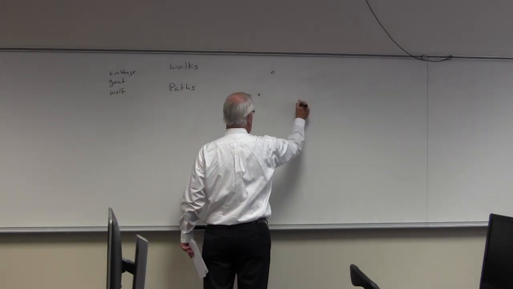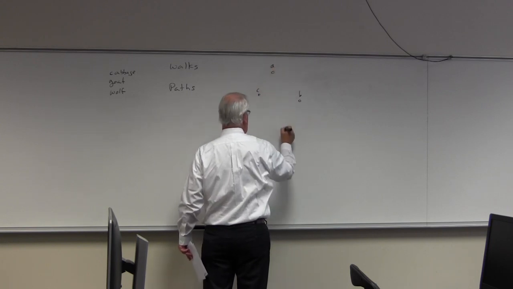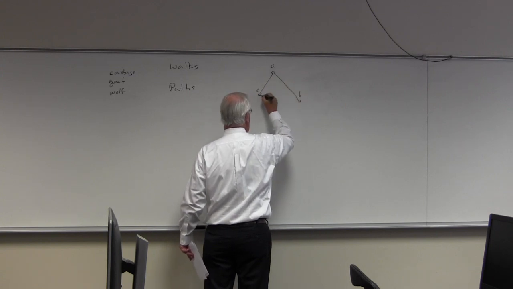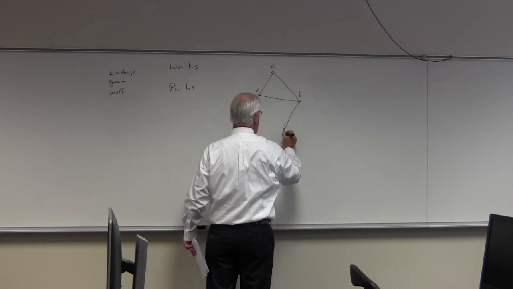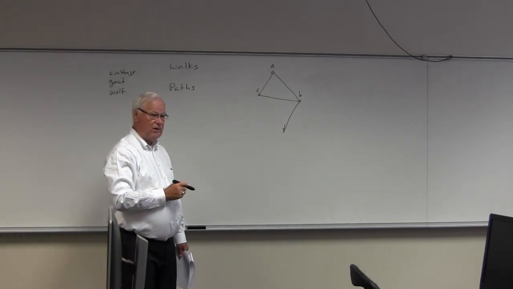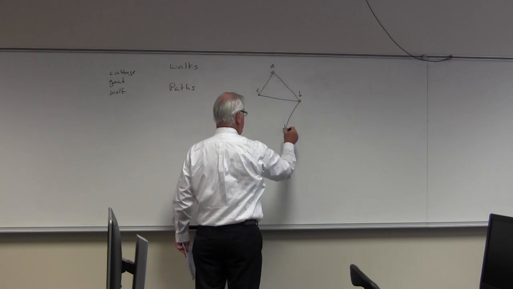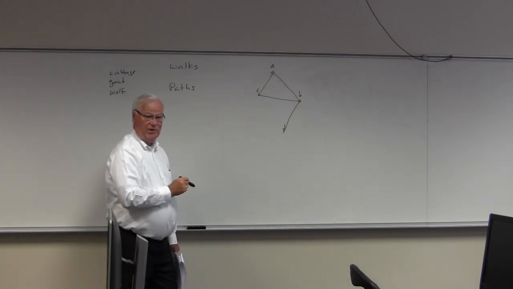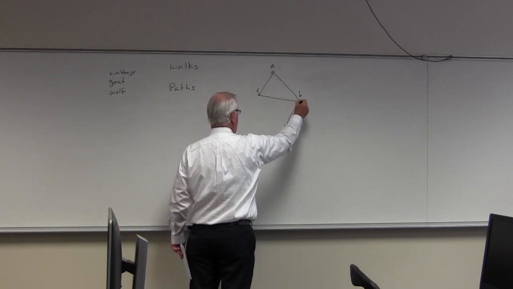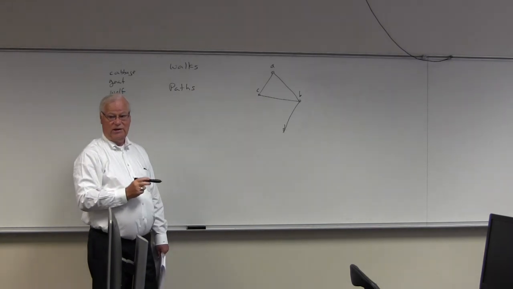So if I have a graph A, B, C, D, and I want to go from A to D, well, I can go A, B, D, can't I? That would be a walk. I can go A, C, B, D. That's another walk. Anybody see any other walks?